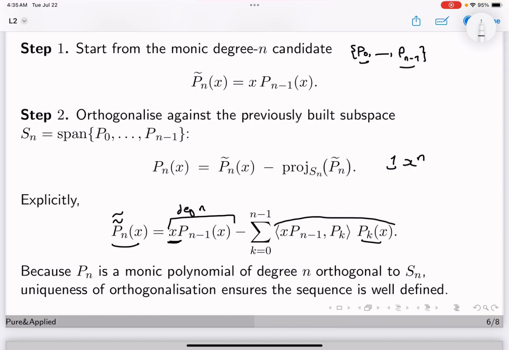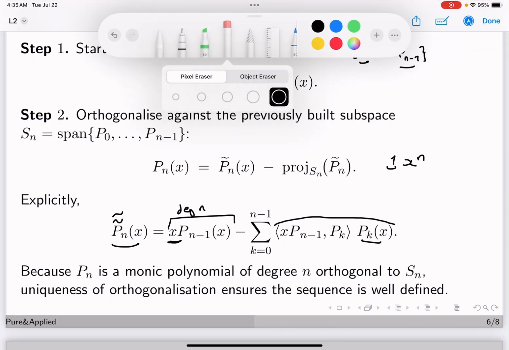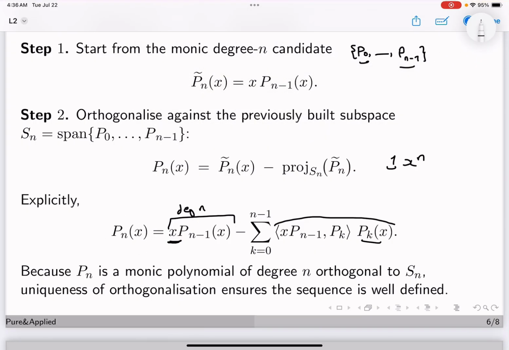This is what it means to be monic. And it's orthogonal to all the Pk's, and it can be shown that it has norm 1 by looking at the inner product of it with itself, and this forces it to be Pn itself by uniqueness of orthogonalization. So this is Pn itself for sure.